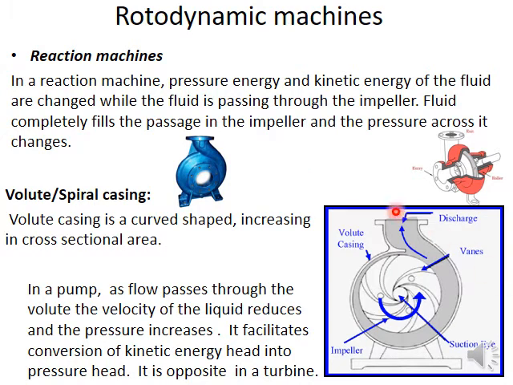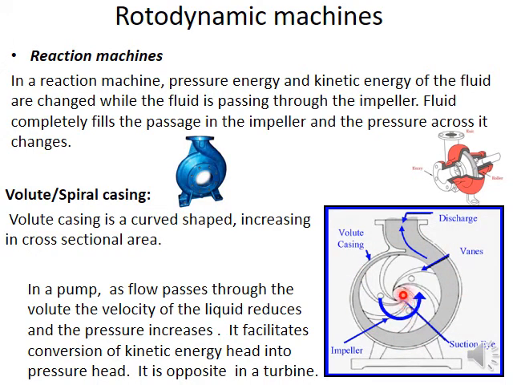Now here, fluid fills this passage, and fluid is under pressure. It is not under atmospheric pressure like in an impulse machine. The pressure is larger than the atmospheric pressure here.